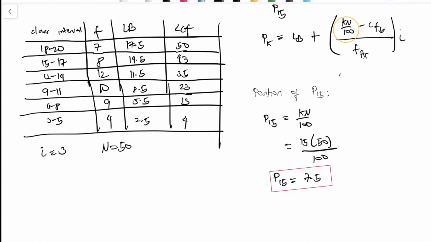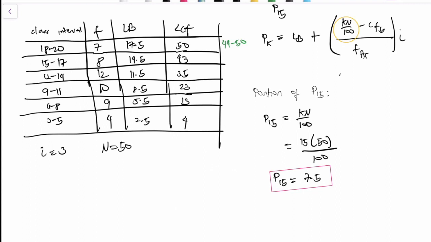That means in this class interval, the cumulative frequency interval is 44 to 50, because the last boundary of the cumulative frequency in the 15 to 17 class interval is 43.